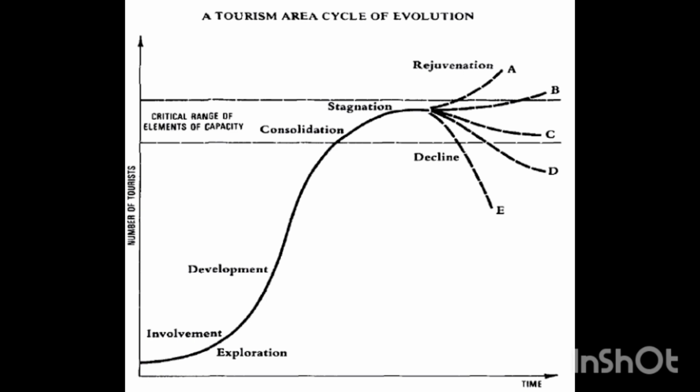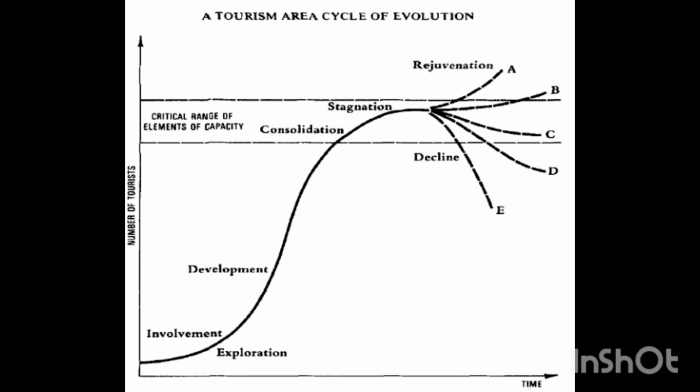This might happen if the destination management organization or the local government helps, or through the active participation of stakeholders, community and government. If they stay together, they will find a way to add something new, a cultural event, a cultural unification of something, a new product that will attract people to visit this place.